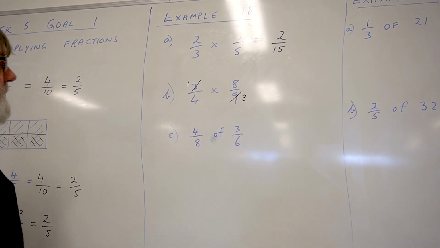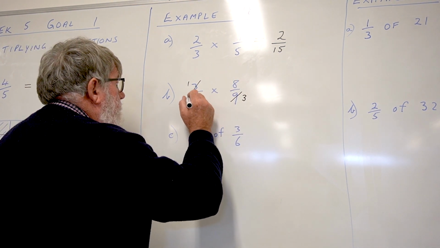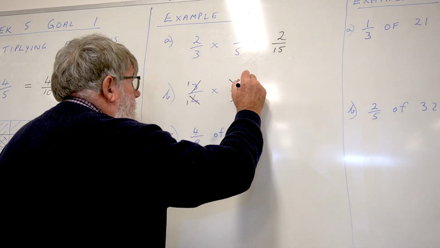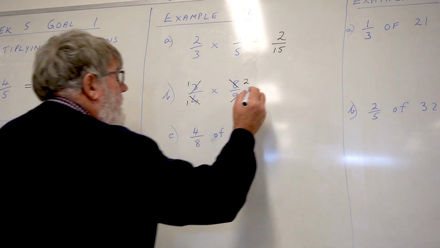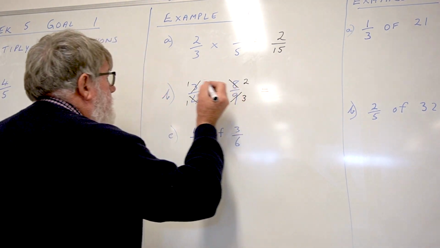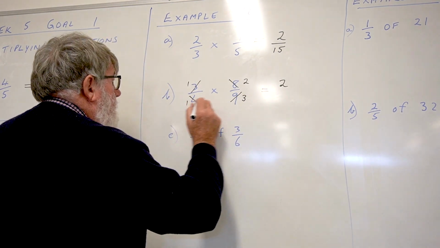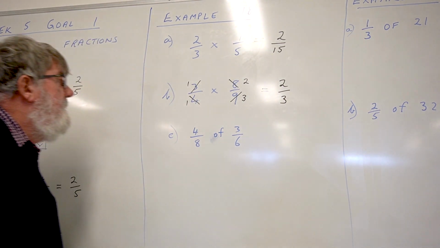Look at the 4 and the 8. There is a common factor of 4. How many 4's in 4? 1. How many 4's in 8? 2. And this reduces it to a very simple multiplication. 1 times 2 is 2. 1 times 3 is 3. The answer is 2/3.